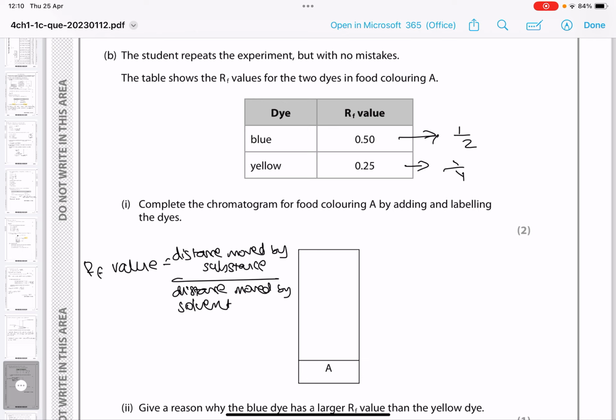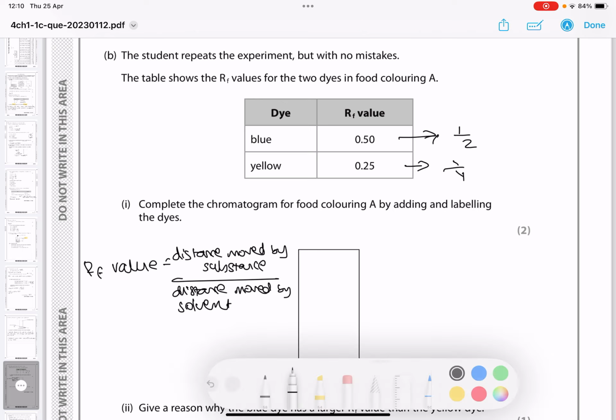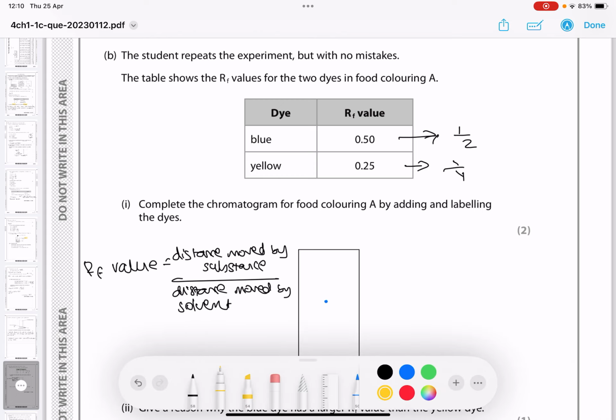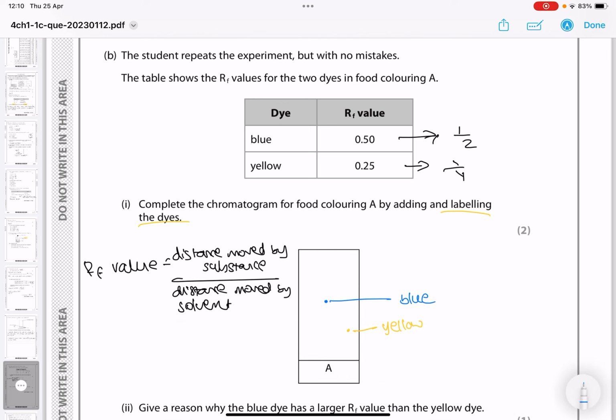If I draw blue, so blue is approximately halfway up, so I'm going to say it's about here. Okay, and yellow is approximately a quarter of the way up, so I'm going to say it's about here. And make sure to label the spots because it says label the dyes. So that's yellow, and that's blue. Okay, cool. Next question.